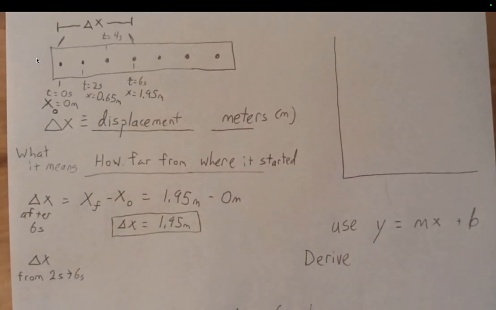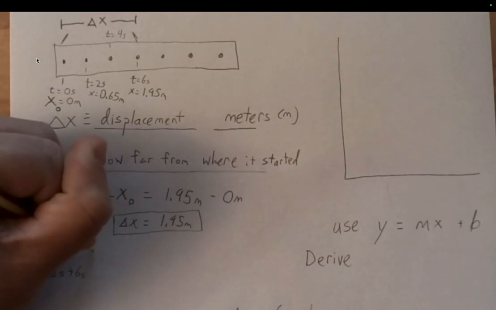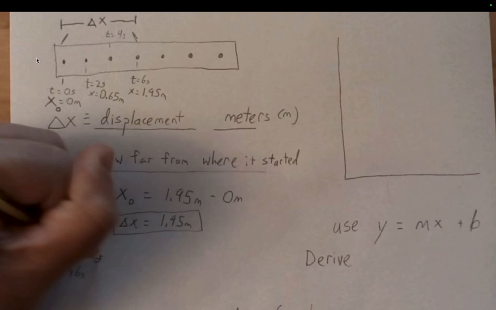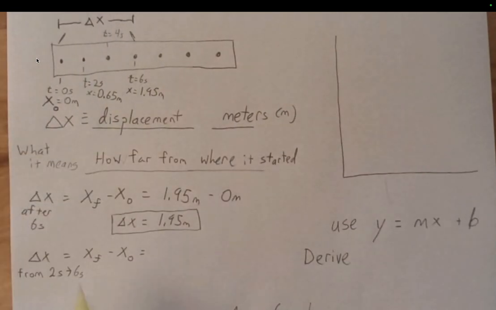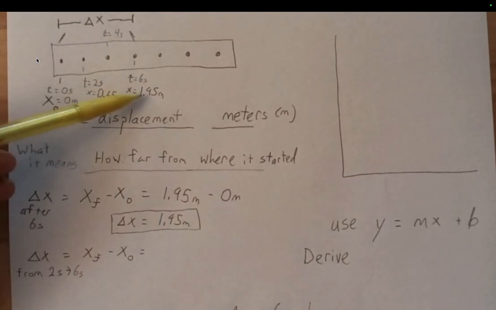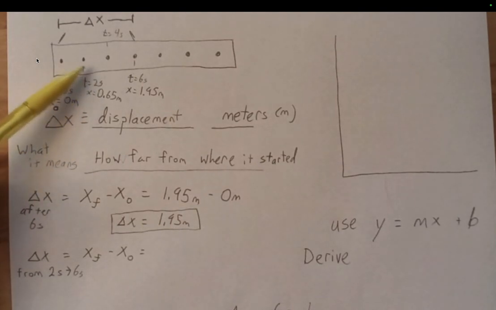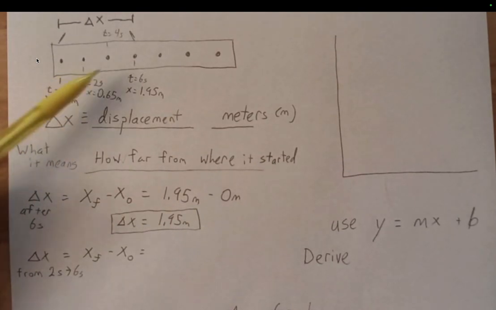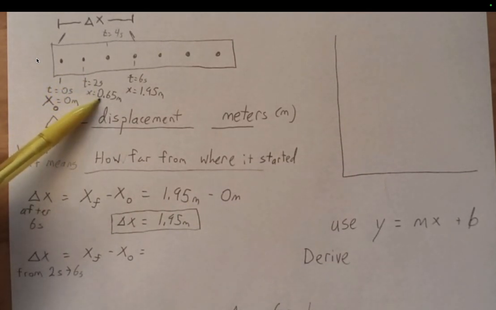And so now our delta x is still going to be this x final minus the x initial. But the x final in this case is going to be the 1.95, and the initial will be the time that we're now saying is 0. So going between 2 and 6 seconds, it took 4 seconds to do this, and it started at this 0.65.